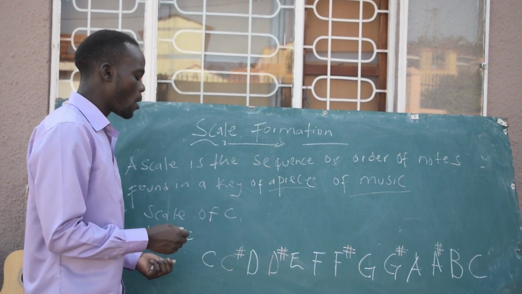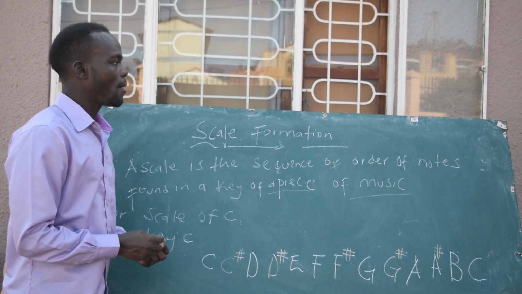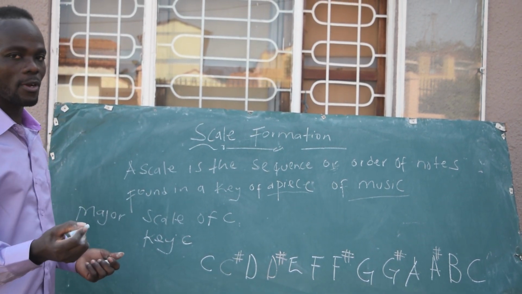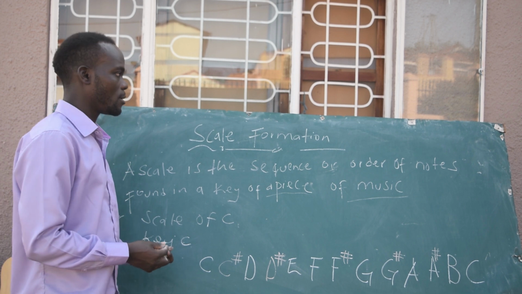About knowing accidentals. Now we have the formula of finding the major scale.